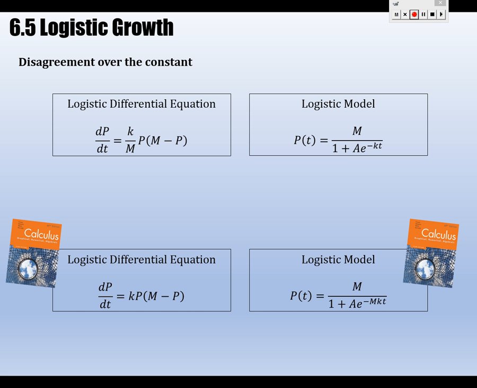Yes, you'd have to multiply to get this one. Which also explains why in the solution we have m appearing in the solution to their differential equation. All it is is a change of constants, okay? So hopefully you're clear on that. I don't know that you'll need to know it. I just wanted to make you aware of that, because if you see this in your book, it'd be very easy to get messed up with the constants, so be careful.